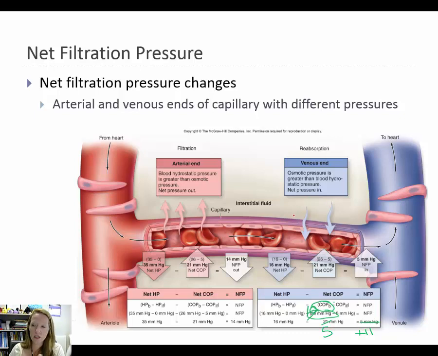And if you look up children that have kwashiorkor, they tend to have these really big abdominal pelvic cavities, because all of this fluid that's being pushed out of the capillaries, instead of causing the kind of edema you see with hypertension, collects in the abdominal cavity. So any kind of change, dehydration, injury to the blood vessel wall, anything like that can change it. Anytime there's an imbalance, it can lead to issues like that.